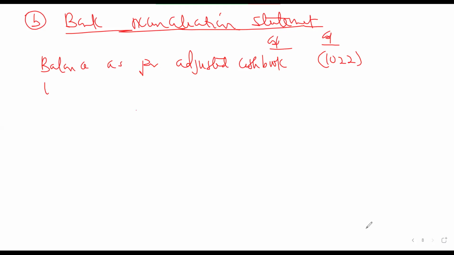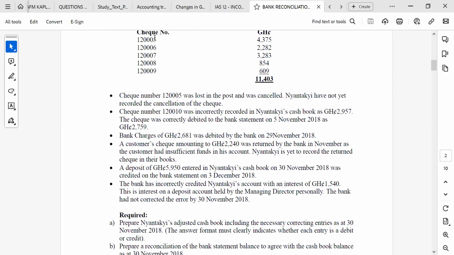So what you do is you still add your unpresented check because there are certain amounts that have been subtracted that should not be subtracted. So you add it. But let's go to the check numbers now. We have plenty of check numbers there. The first one will not be part because the first one has been cancelled.